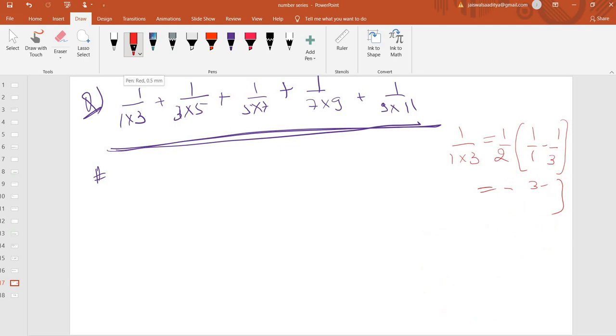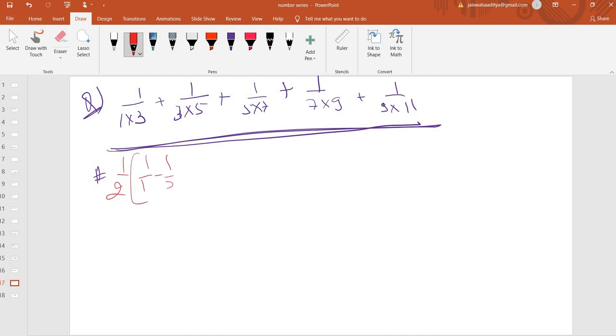We'll see the question now. So 1 by 2 (1 minus 1 by 3), correct? Plus, likewise you can write 1 by 2 (1 by 3 minus 1 by 5), likewise 1 by 2 (1 by 5 minus 1 by 7), correct?